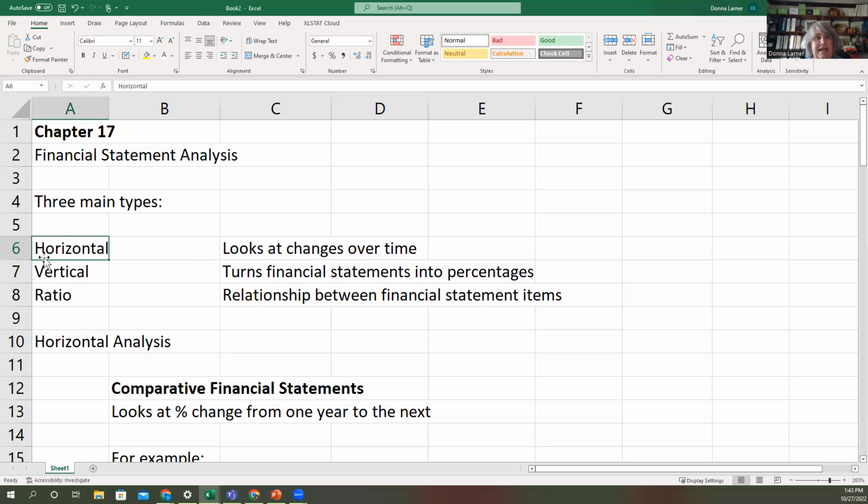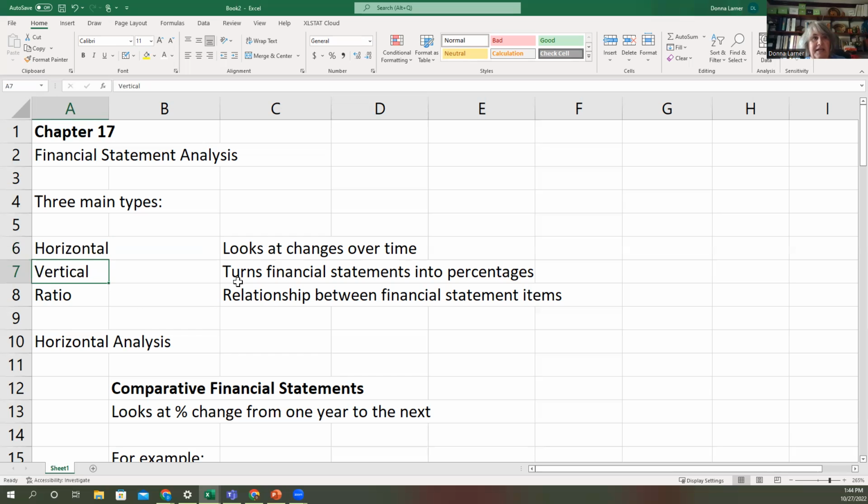You can do that with any item on the financial statement. You could say, how much were our liabilities 3 years ago? How were they 2 years ago? 1 year ago? How are they today? If we keep getting larger and larger and larger amounts of debt, that may not be a good thing. So horizontal is looking across time.